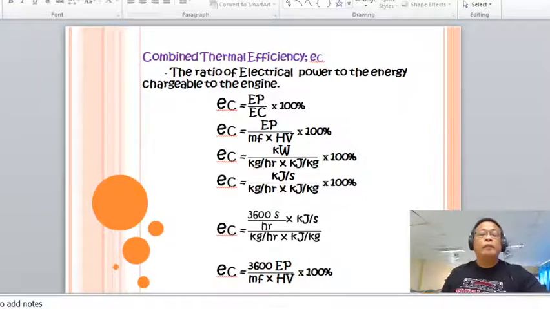Substituting values where EC equals MF times HV, the combined thermal efficiency equals 3,600 multiplied by the electrical power, or the output of the generator, over energy chargeable, where energy chargeable is again MF multiplied by HV, multiplied by 100%.